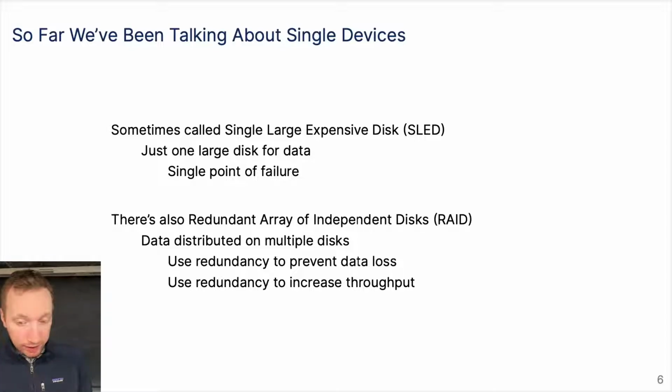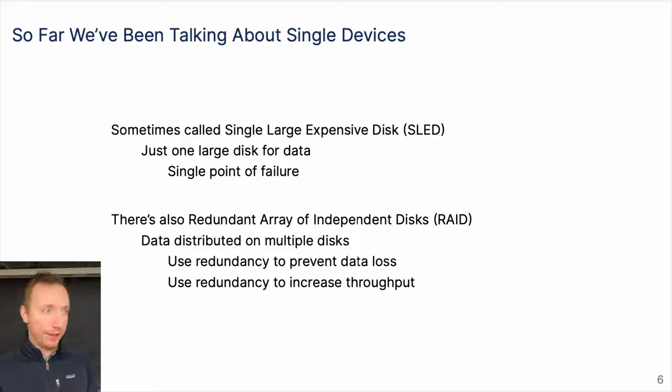And then, yeah, so far we've been talking about single devices. So I guess mockingly, this is sometimes called a single large expensive disk, or SLED, and you can tell by the wording of it that it might not be such a great idea. So it's just one big large disk.